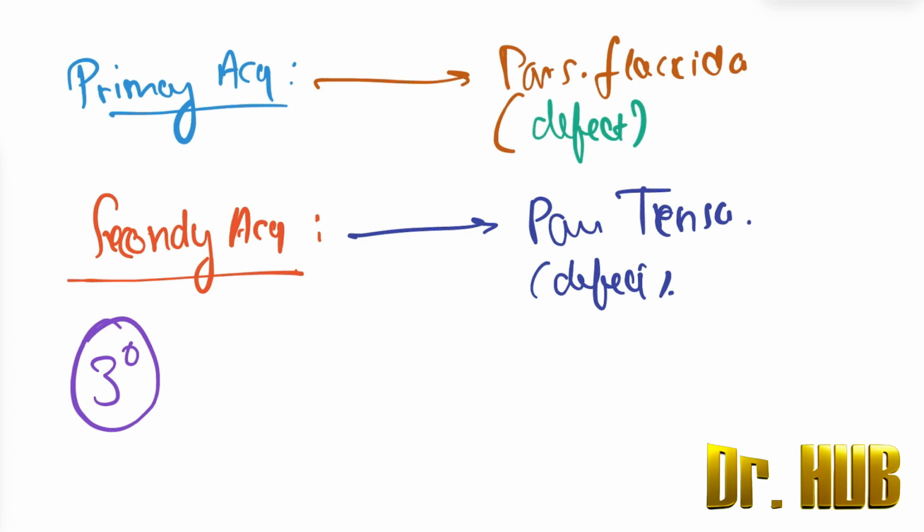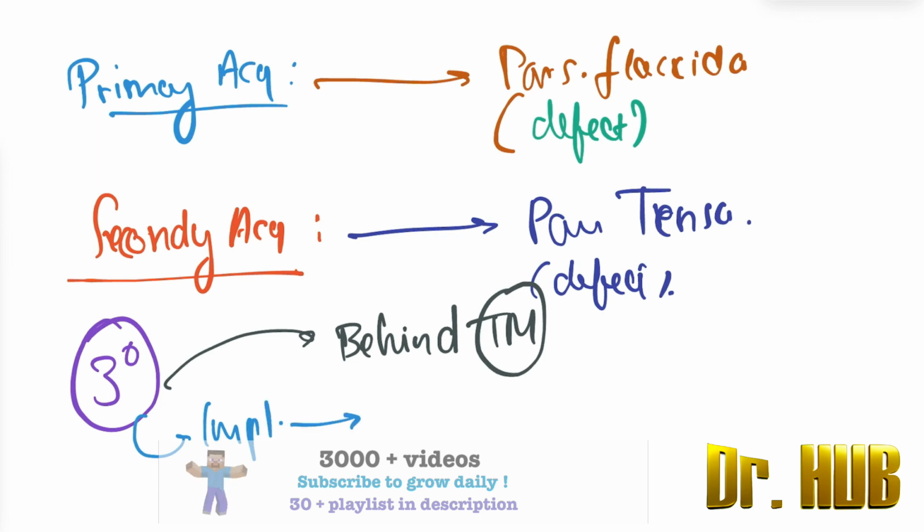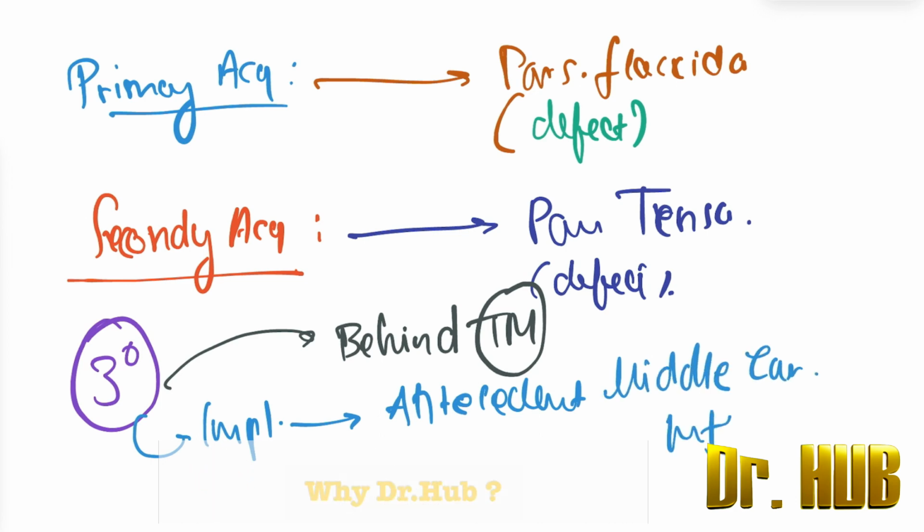It is defined as one that occurs behind a normal appearing tympanic membrane, and it is due to the implantation of antecedent middle ear inflammation.